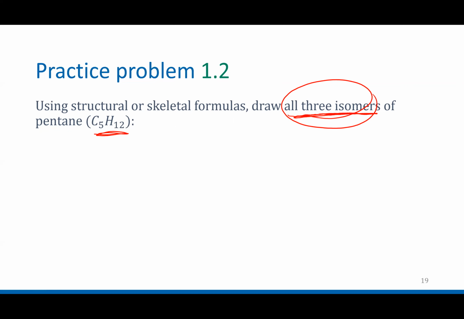Now, that includes pentane itself. So you would draw pentane and then the 2 branched isomers. This is a very tough question. So let's see who can do it. I'm just going to mute myself, so I'll shut up talking and you guys can take a few minutes, and I'll be back in 2 minutes.